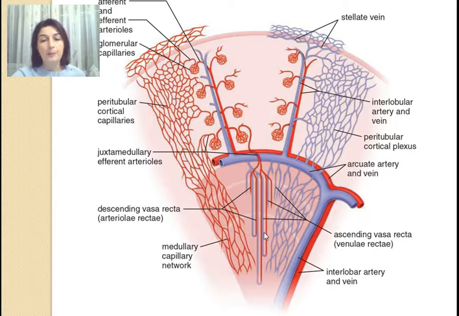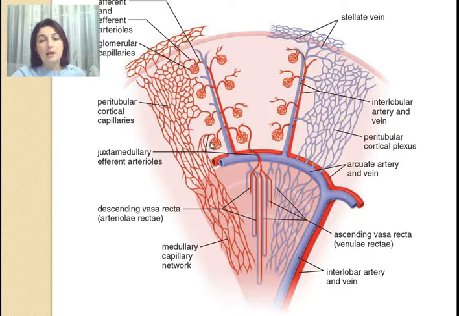They ascend towards the corticomedullary junction, and then they will join the arcuate veins. So they carry blood into the arcuate veins. The arteriole recti and venule recti together are called vasa recta. This vasa recta is necessary for concentration of the urine, the process which is taking place in the medulla.